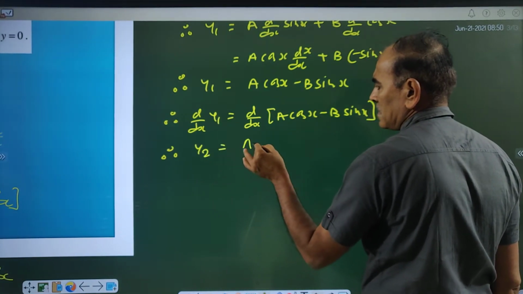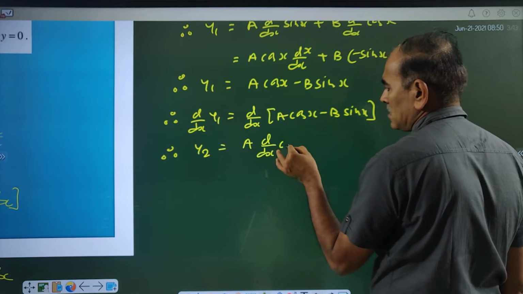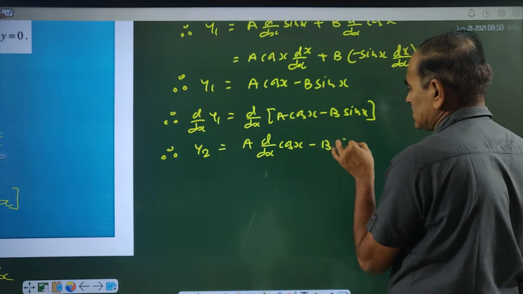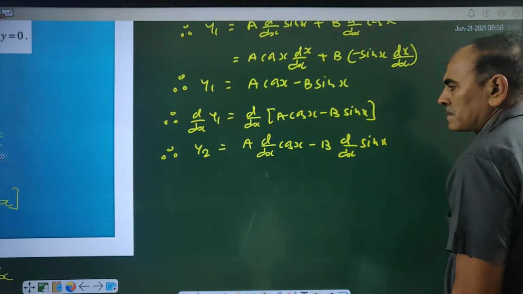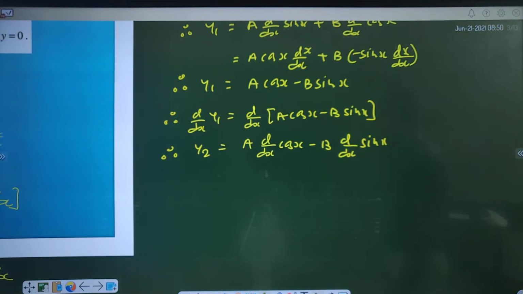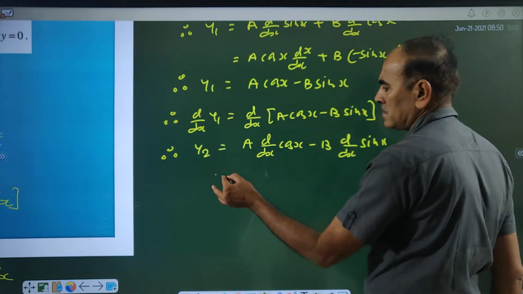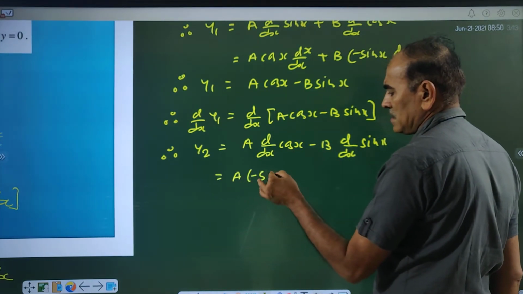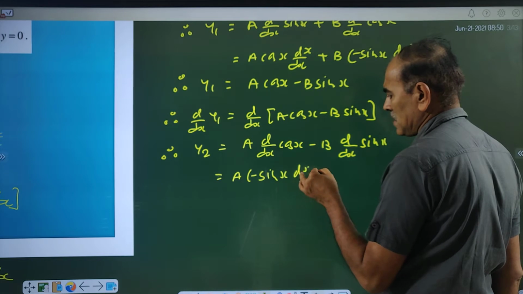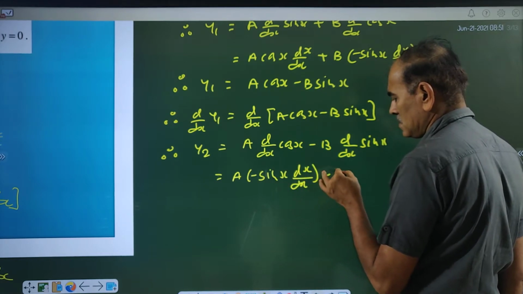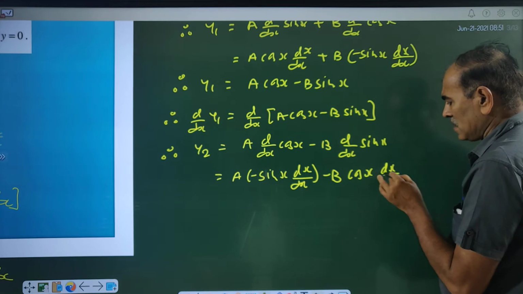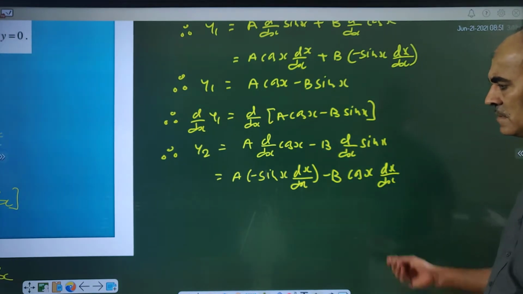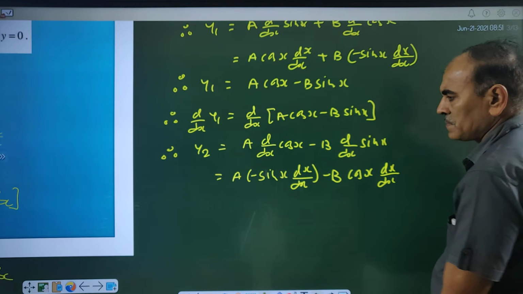So y2. a constant, take it common, d by dx of cos x is minus sin something, d by dx of some function, minus b constant, d by dx of sin x, cos of some function, d by dx of some function. That is 1. This is also 1.